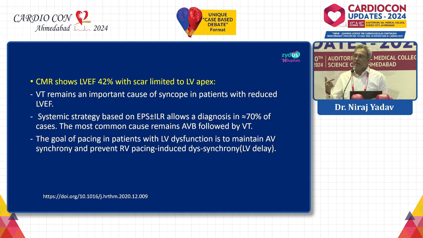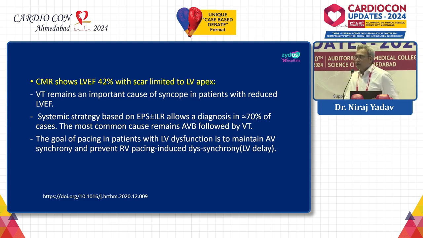So again, an EP study and ILR based systematic approach will lead to diagnosis in such patients, whether it is related to tachyarrhythmias or related to AV blocks. But remember, even in patients who have scarring and bifascicular block, AV block remains the more important cause as compared to ventricular tachycardia in studies that have been done.